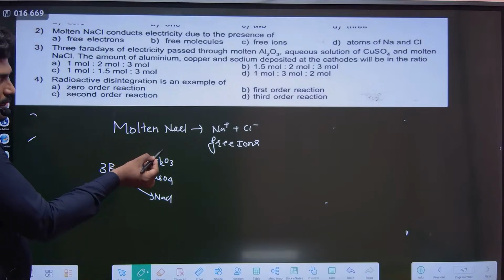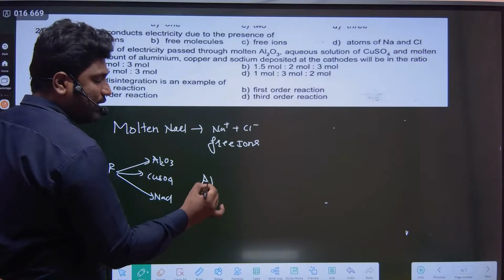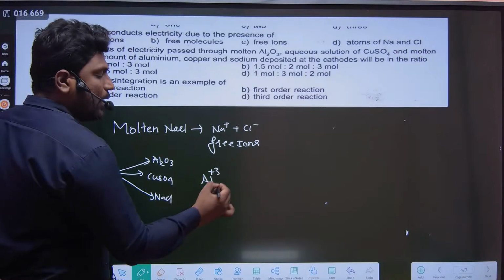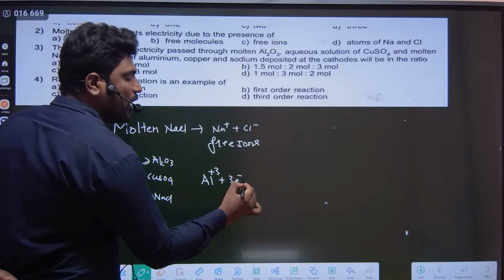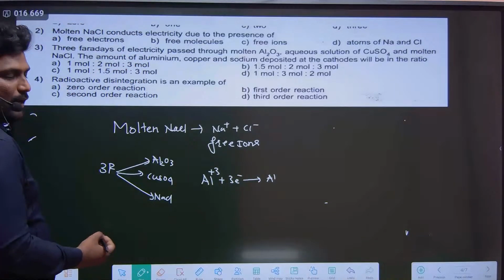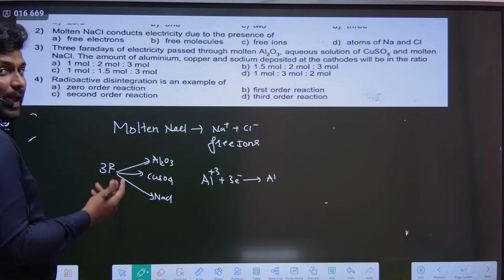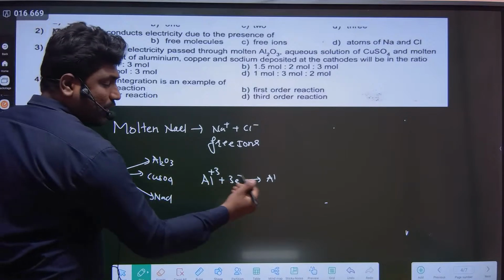So these are 3 different electrolytes. Alumina contains aluminium with the charge +3. For deposition of 1 mole of aluminium, 3 electrons are added to the aluminium ion.